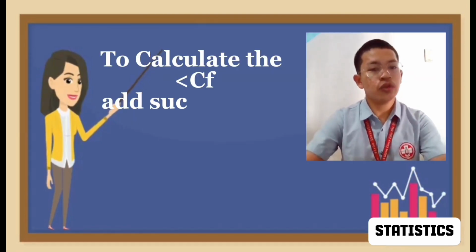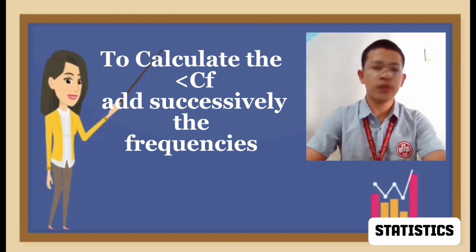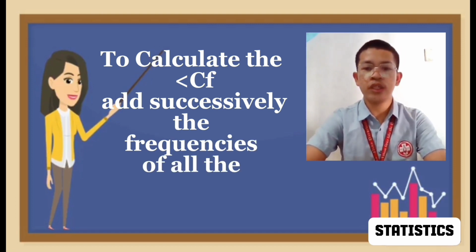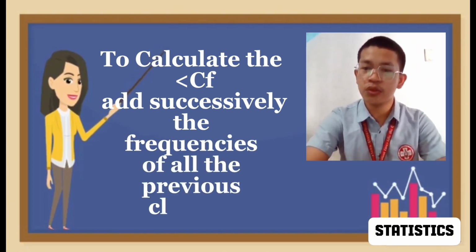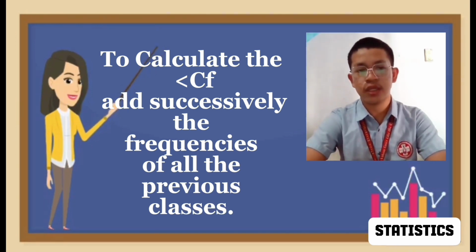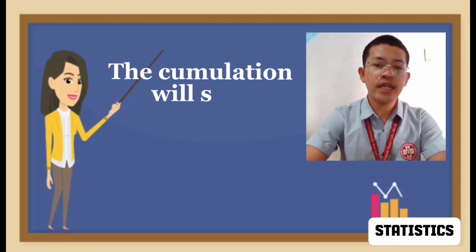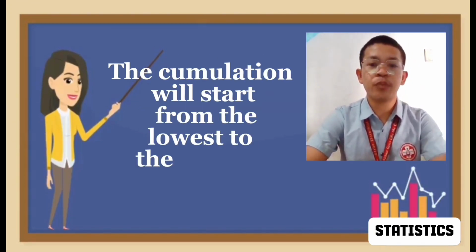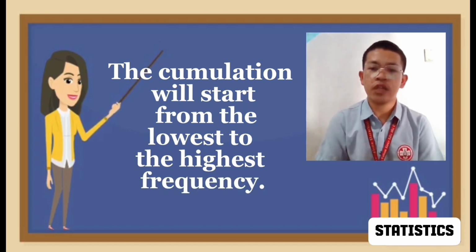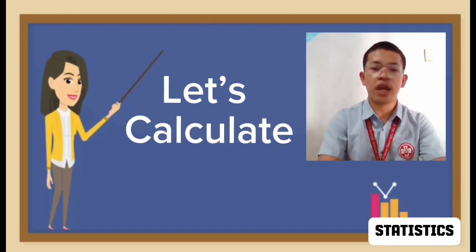To calculate, add successively the frequencies of all the previous classes, including the class against which it is written. The cumulation will start from the lowest to the highest frequency. To understand it better, let's perform the calculation.